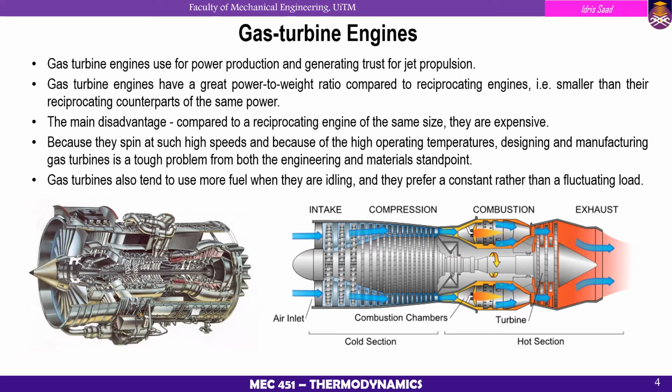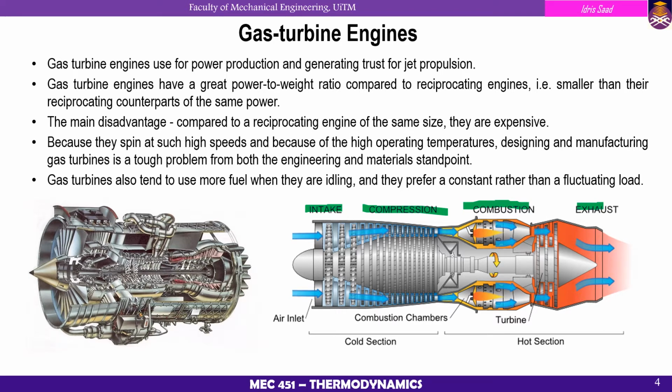The figure on the right-hand side illustrates the schematic diagram of the typical gas turbine engine, where they are labeled as intake, compression, combustion, as well as the exhaust.